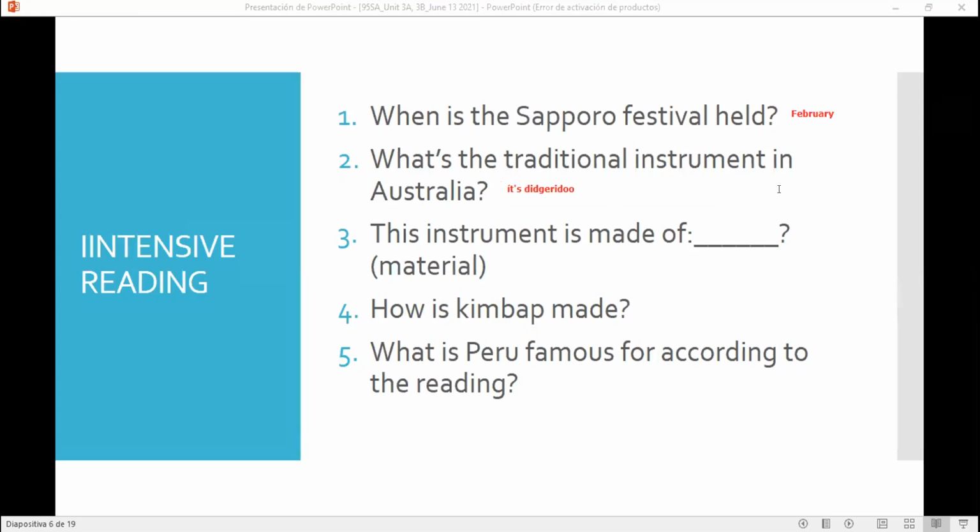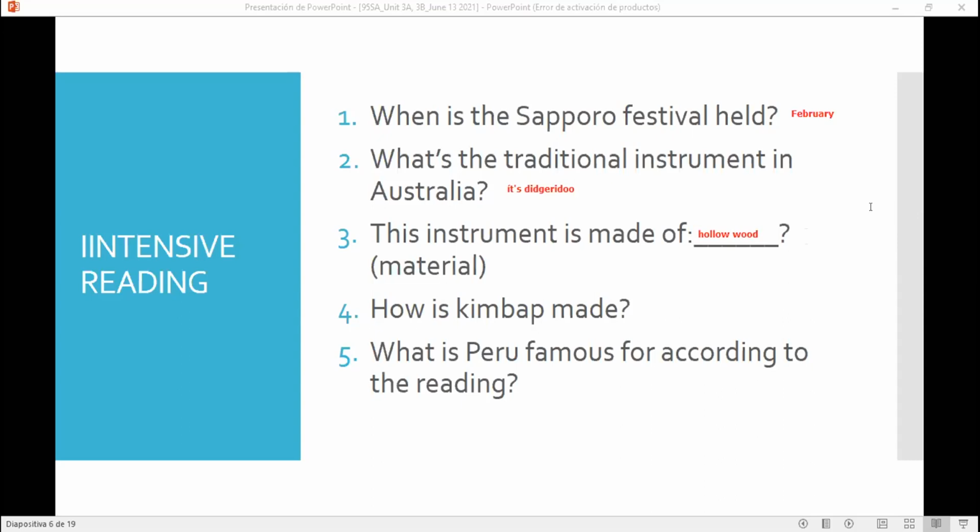This instrument is made of. ¿De qué material está hecho este instrumento? The hollow wood. Wood, right? Wood. A hollow wood. Una madera vacía, hueca, ¿no?